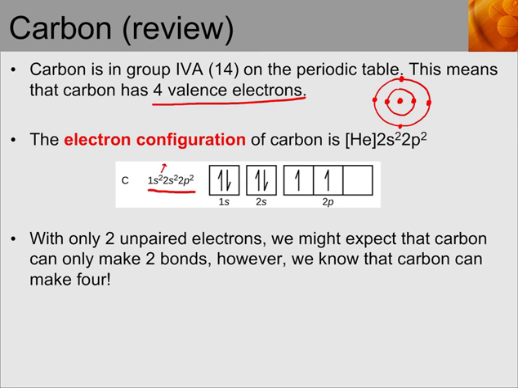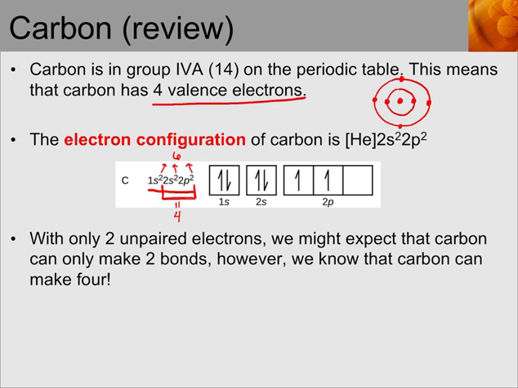And if you add up all of these superscripts, it adds up to 6. And again, carbon has a total of 6 electrons. Now, if you just focus on the highest energy level, so that would be the energy level 2, then we only have 4 electrons in energy level 2, and those would be our valence electrons. They're in the outermost energy level.